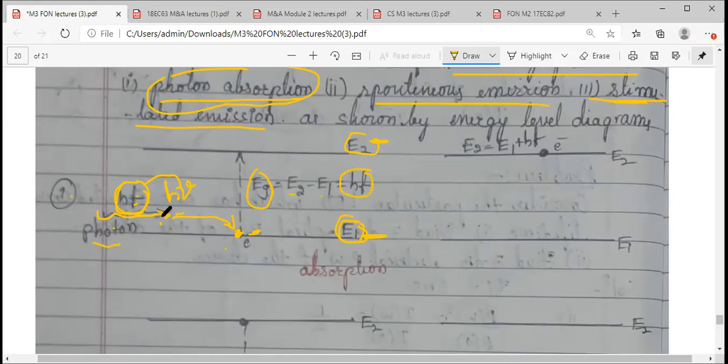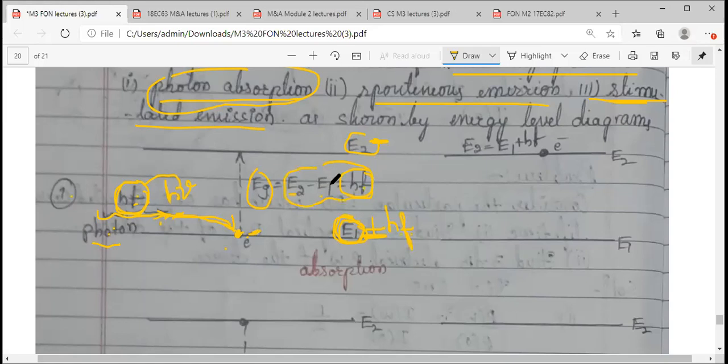So when the photon is incident, what will the electron do? The electron is initially in the E1 state and possesses E1 energy. When the photon is incident on this electron, it will absorb the photonic energy, and the energy will become this much. So what is the energy now? E1 plus hf. You can see E2 minus E1 is equal to hf.